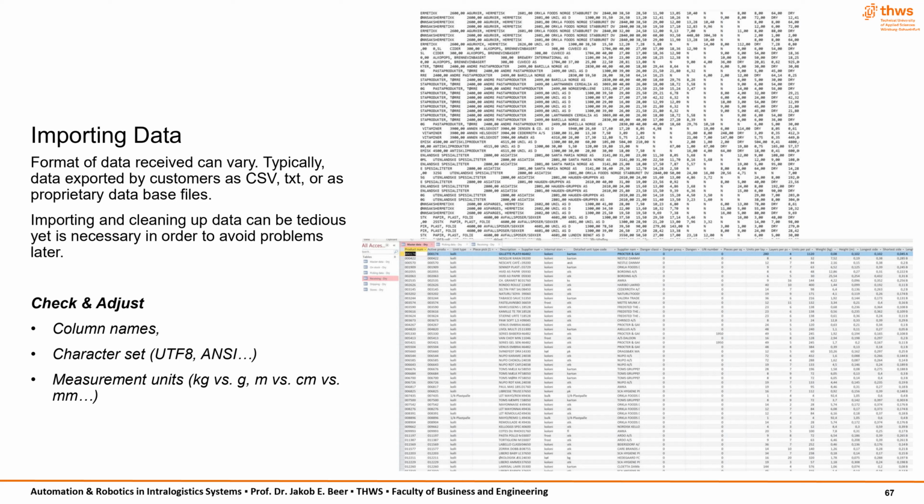Without proper conversion, your storage volume calculations, bin assignments, and even shipping cost estimates will be off. Always verify the units used, and don't assume the column label is correct. If a customer writes length, it could be in millimeters, centimeters, or inches. Always double check against actual values, or, if possible, ask the customer directly.